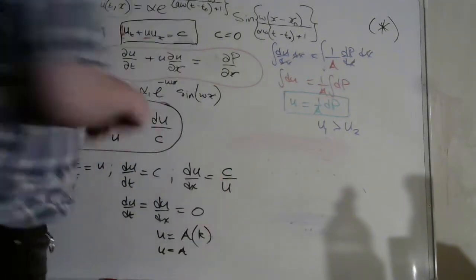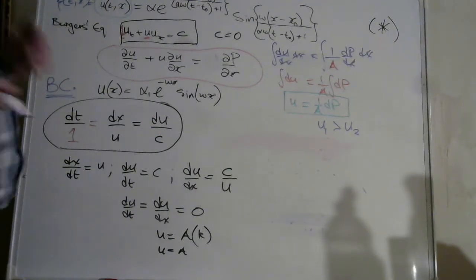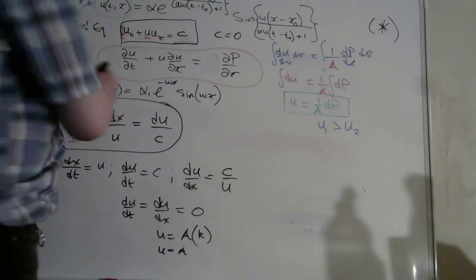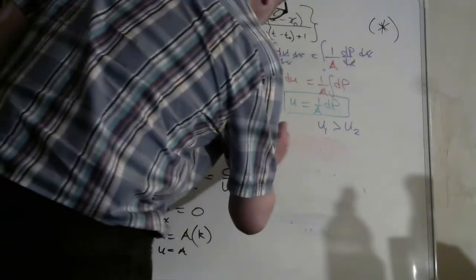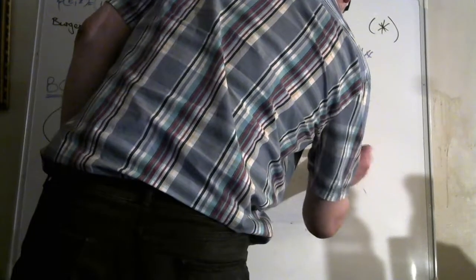Right, so we have here, and perhaps I should have stated this at the beginning, a boundary condition. This is our boundary condition. I'll rewrite it here. U of x is equal to alpha 1 e to the minus omega x sine omega x.